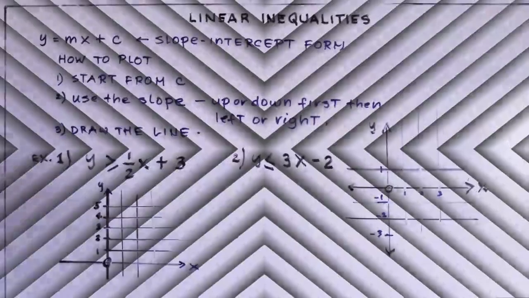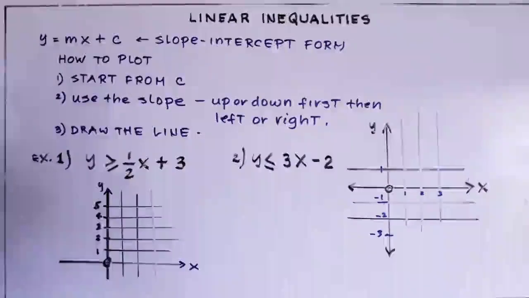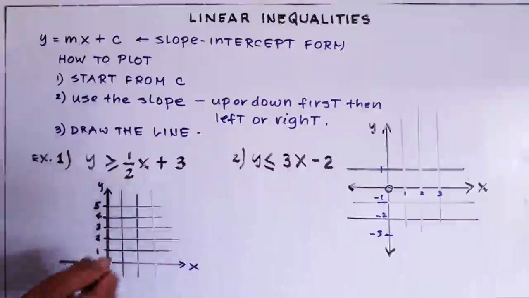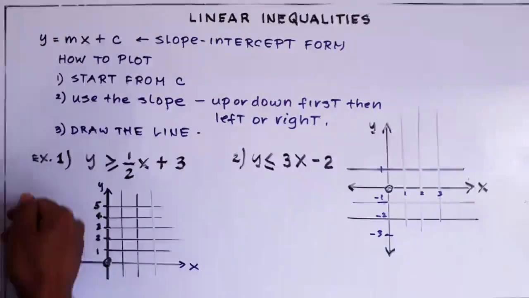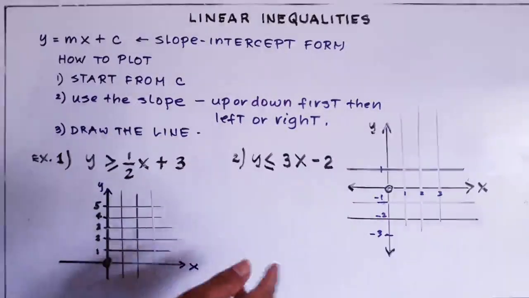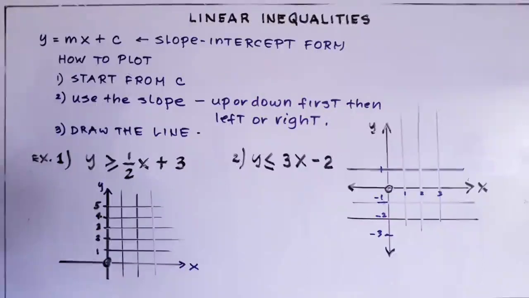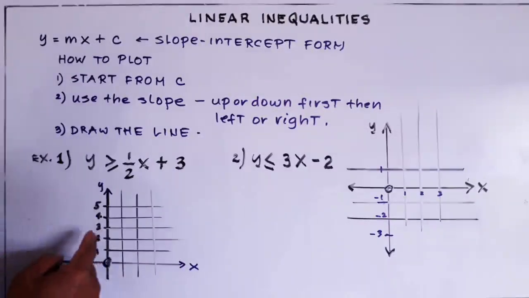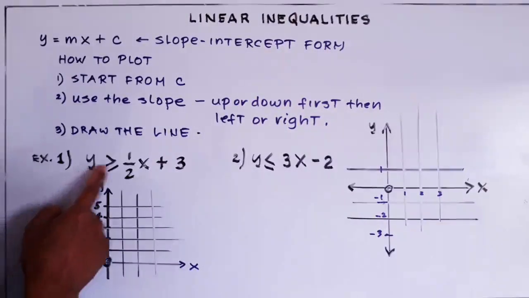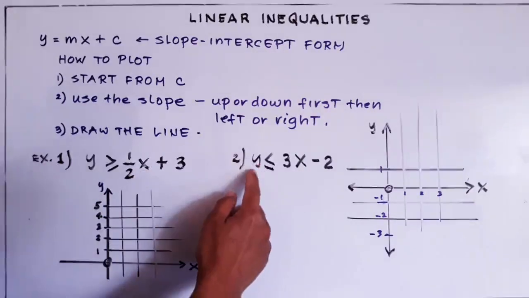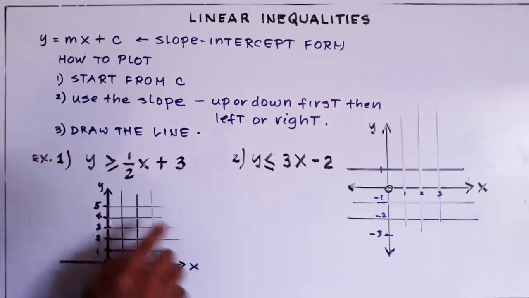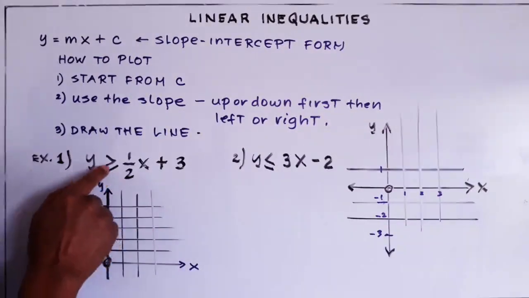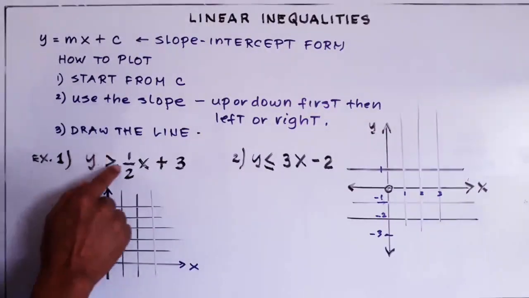Okay, let's continue class. Now we have no problem if we have only x and a number, y is equal to a number, because that is only a horizontal or vertical line. But when we have two letters, y and x, they are almost the same class, whether that is inequalities or equation or linear equation.